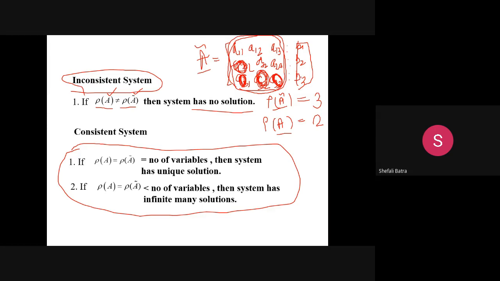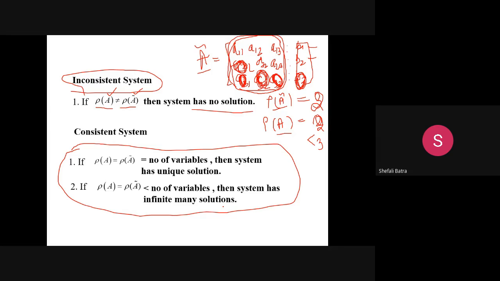And last case, if somehow you are getting this entry again 0, right? So in the augmented matrix, again you are having two non-zero rows. So rank of augmented matrix would be 2 and rank of coefficient matrix again is 2 and that is less than number of variables. So system will have infinitely many solutions, right?